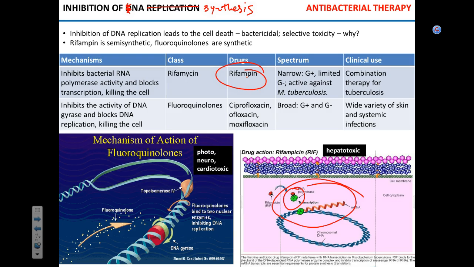Does that make sense? There is no transcription, cells cannot grow. The great thing about rifampin as a drug is that it's quite effective in the therapy of Mycobacterium tuberculosis. That makes sense?